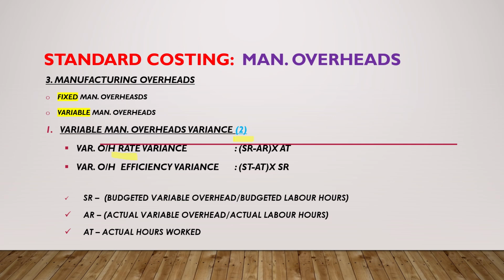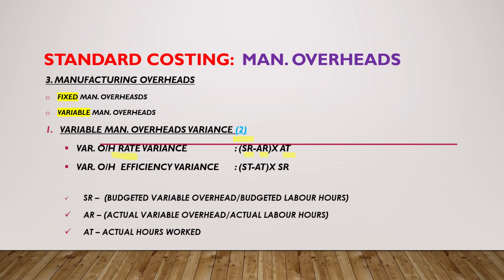So this is the formula. Standard rate minus actual rate times actual time. Remember when we are talking about the rate, you'll always have time because the rate always goes with time. It is standard rate minus actual rate times actual time.